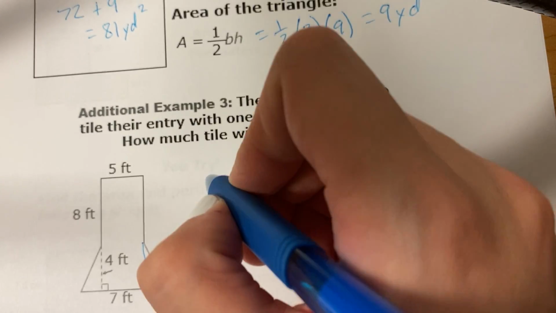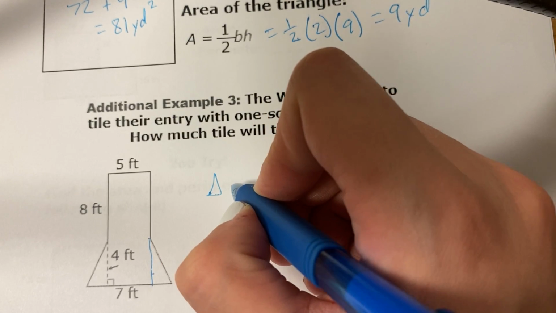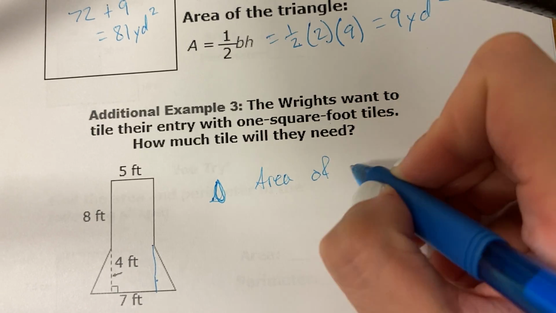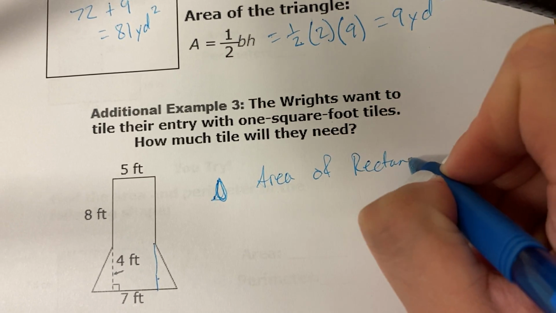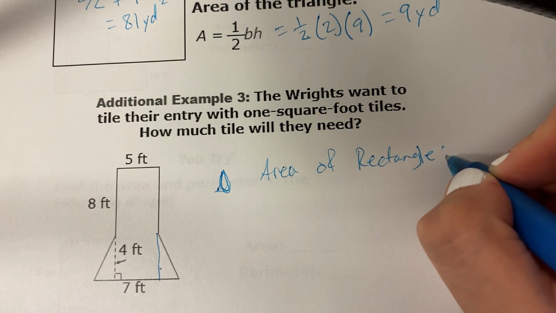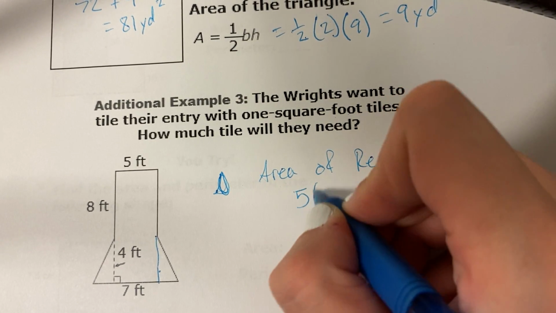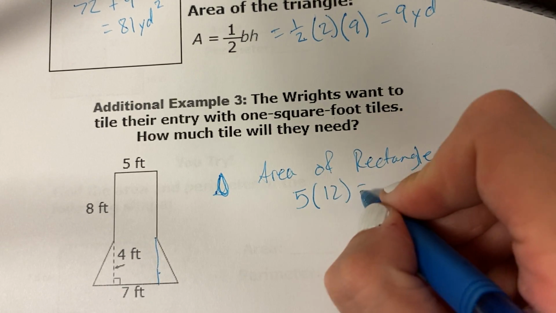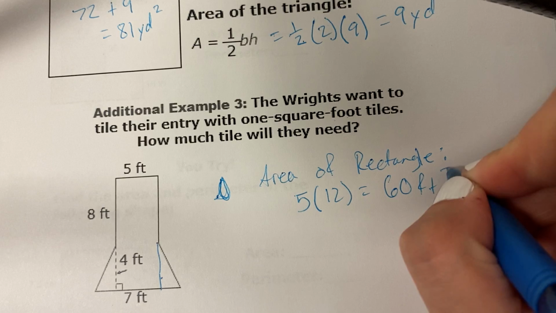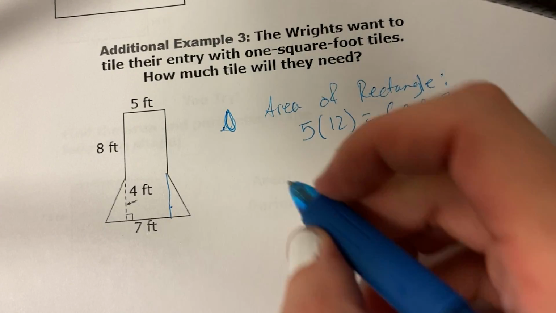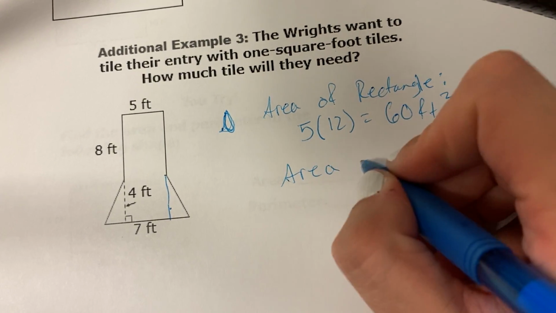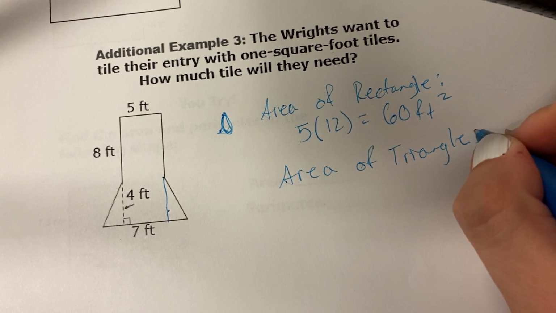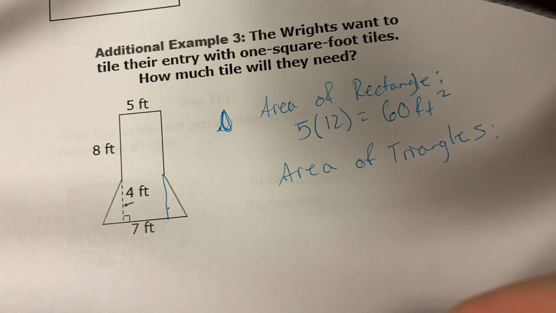Let's find the area of the rectangle. We do 5 times my height, which is 12, which is equal to 60 feet squared. And then we're going to find the area of the triangles, because they're the same, I think.